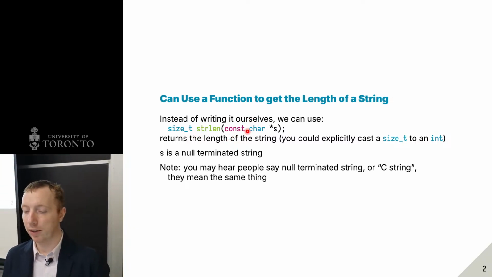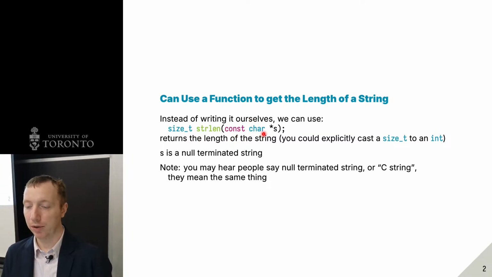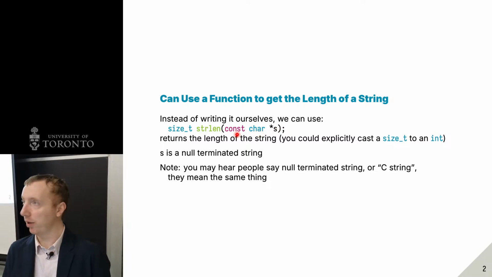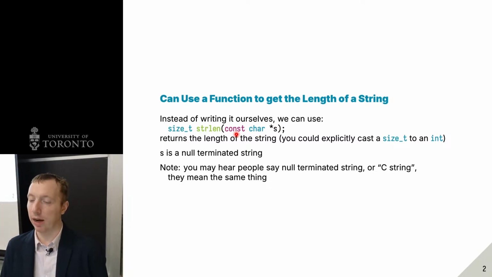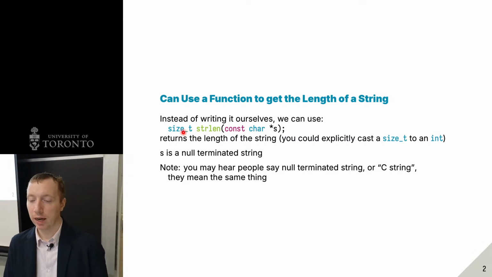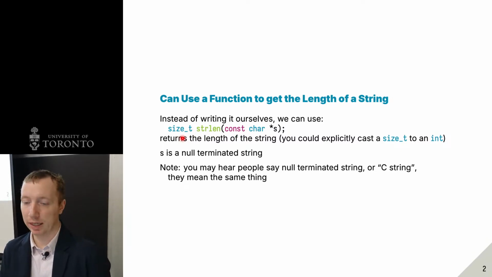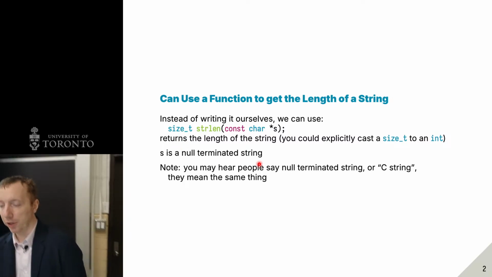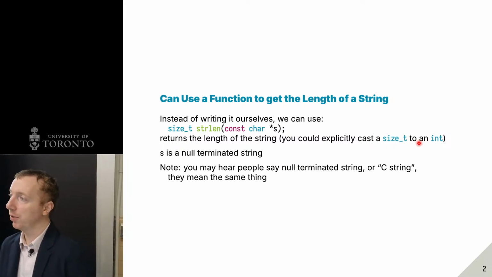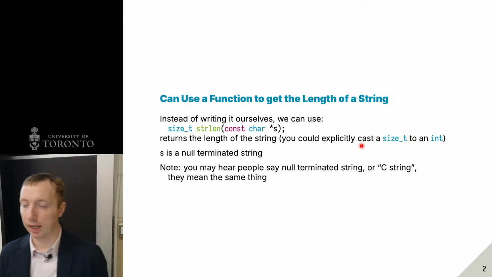So, it takes as an argument a C string, so it's a pointer to a const char because it's not going to try and reassign any of the characters in our string, and it returns this size_t, which for our purposes can just be an int. So, you can just explicitly cast the size_t to an int, so we can just live in int land and we should be fine.